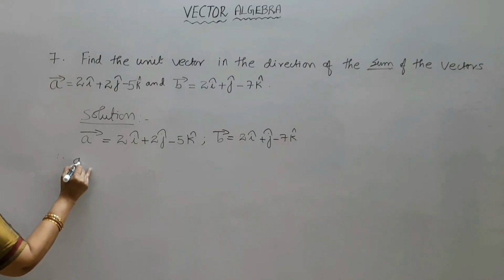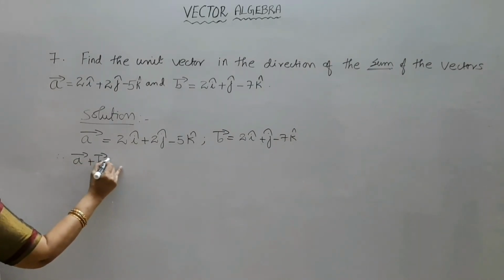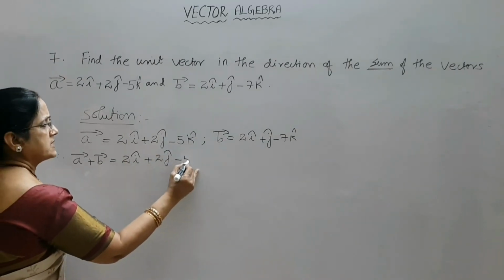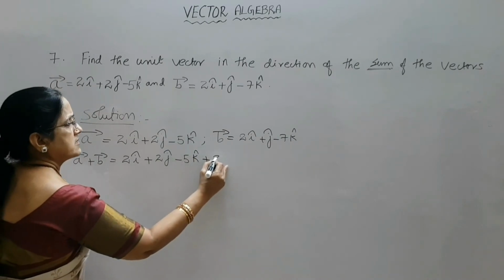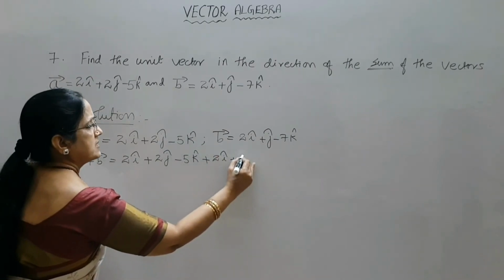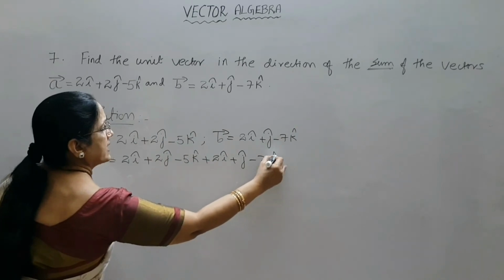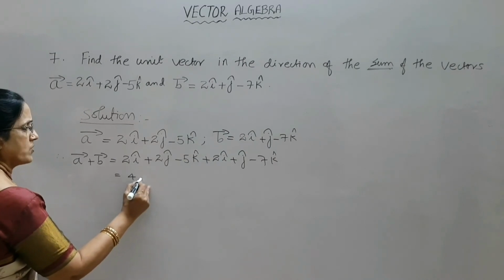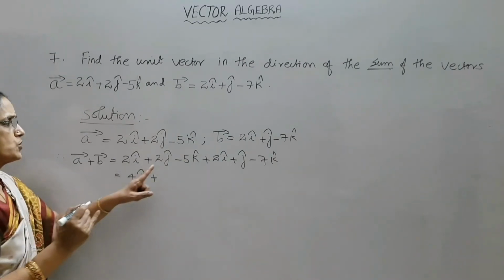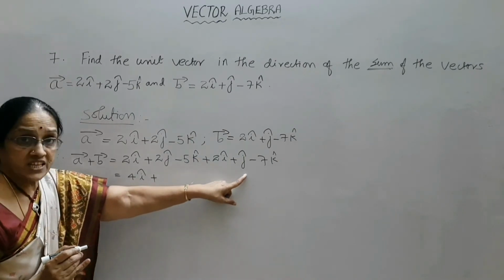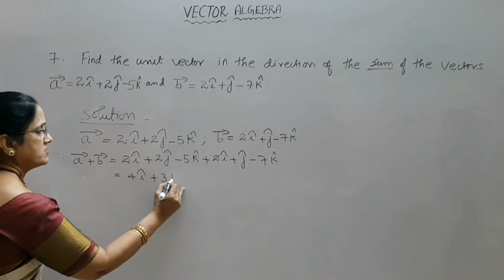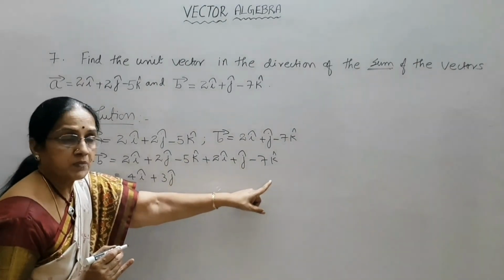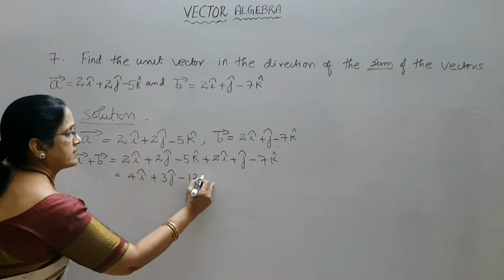Therefore A vector plus B vector is equal to 2i cap plus 2j cap minus 5k cap plus 2i cap plus j cap minus 7k cap. This will give us 2i cap plus 2i cap is 4i cap, plus 2j cap plus j cap is 3j cap, minus 5k cap minus 7k cap is minus 12k cap.